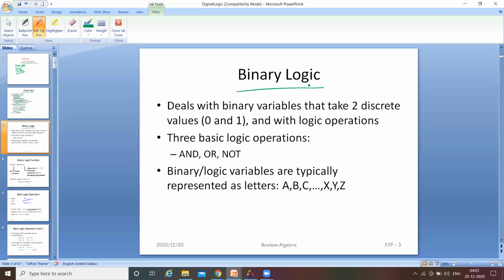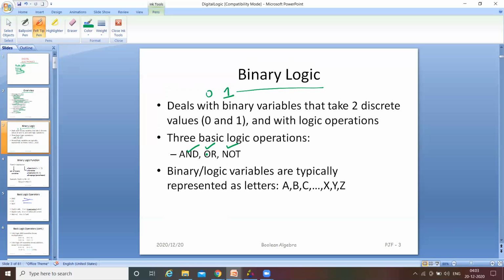Binary logic deals with binary variables that take two discrete values, 0 or 1. And there are three basic logic operations: AND, OR, and NOT operations.